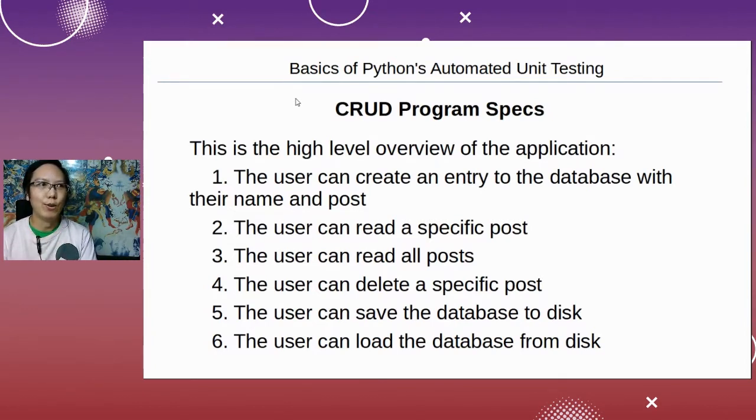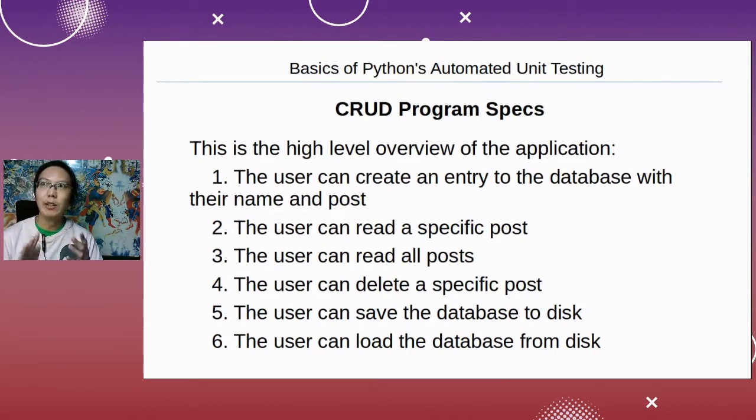Basically a CRUD, or create, read, update, delete program. It is the fundamentals of programming. The user can read a specific post, read all posts, delete, save to a file, and load from a file.